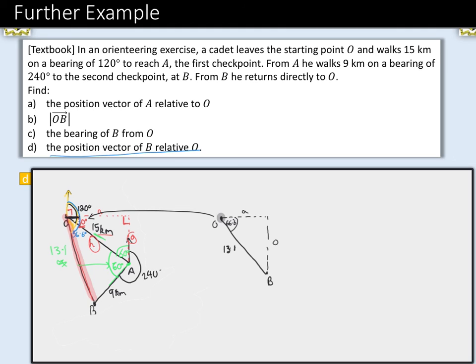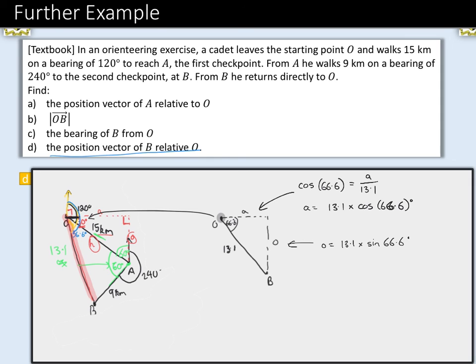To work out A there, that's the adjacent side. So cos of 66.6 is equal to the adjacent divided by the hypotenuse. So the adjacent is just 13.1 times cos of 66.6 degrees. Similarly for O, I'm doing the same thing but with sine, so O is equal to 13.1 times sine of 66.6 degrees.